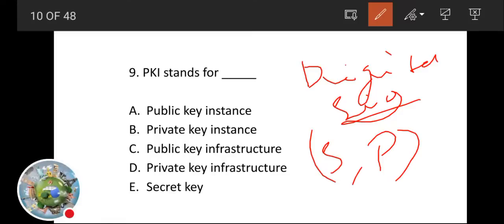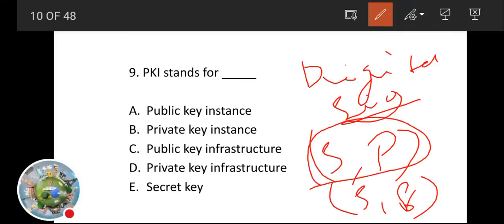To verify it, again we are using the sender's private key. So initially, to make a digital signature or digital certificate, we use the sender's public key. So the answer is public key infrastructure. It's a concept used in a digital certificate to make the signature of the sender.